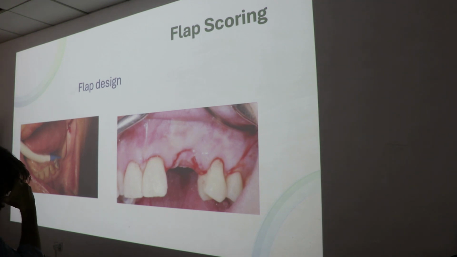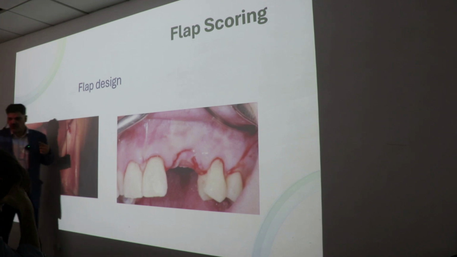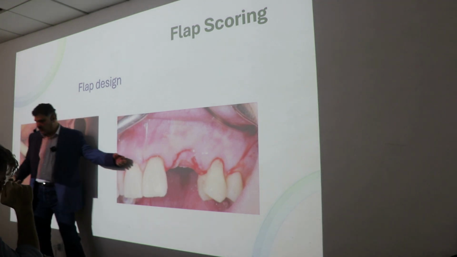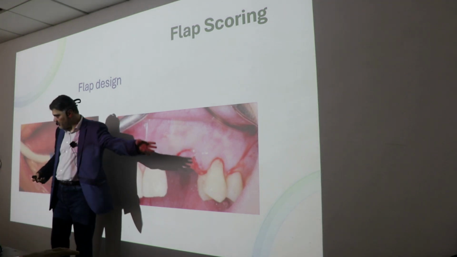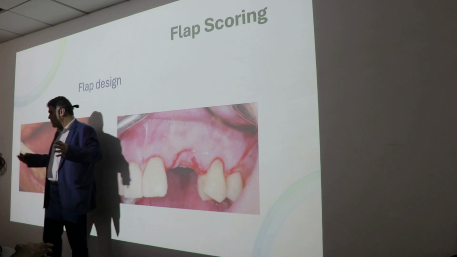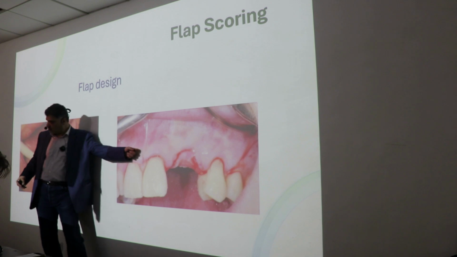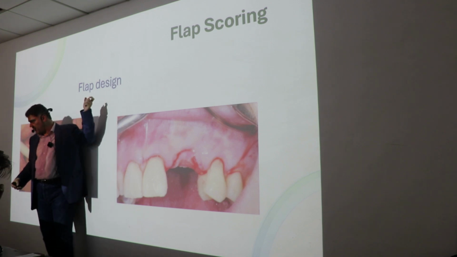And the same principles apply as for any flap. If I'm going to use an envelope, I have to extend 2 teeth anterior, 2 teeth posterior. If I want to do any vertical, I need to extend 1 tooth and then I will go with the vertical.